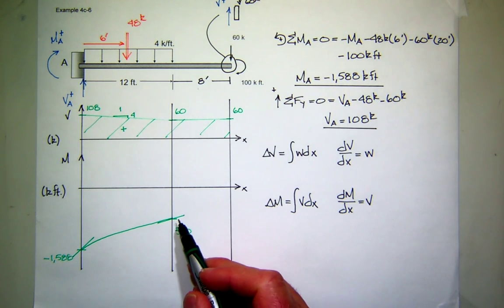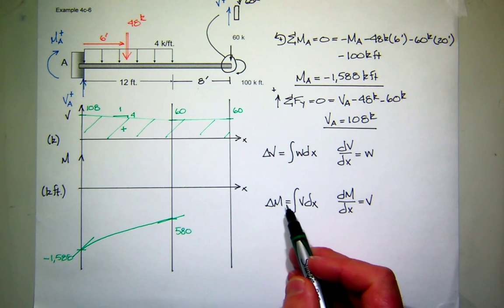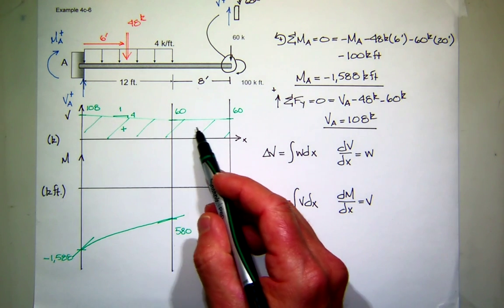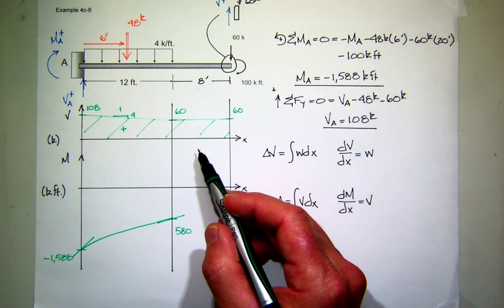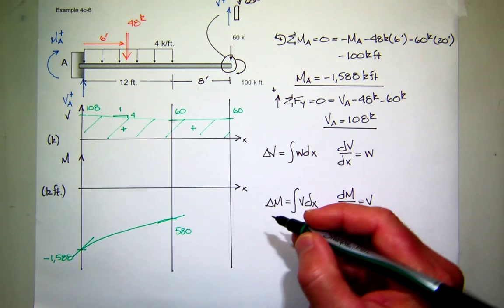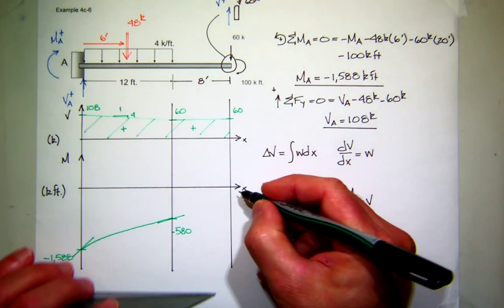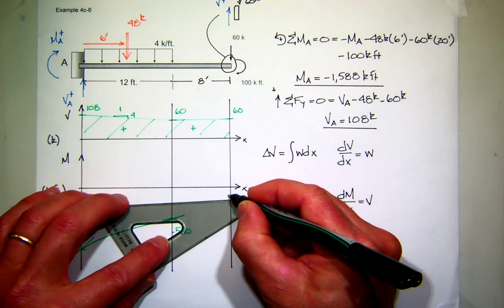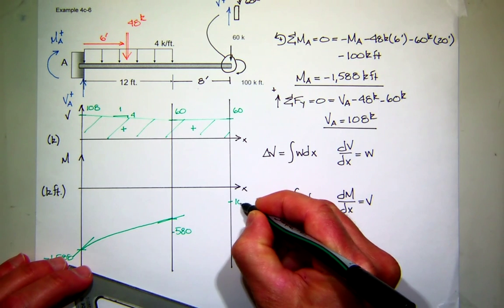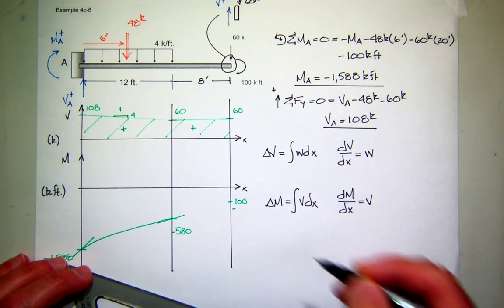Now from 12 feet to 20 feet, the change in moment is equal to the area in the shear diagram. What's this area? That's 60 times 8. That's 480 positive. Oh, this is negative still. So that brings me to negative 100.